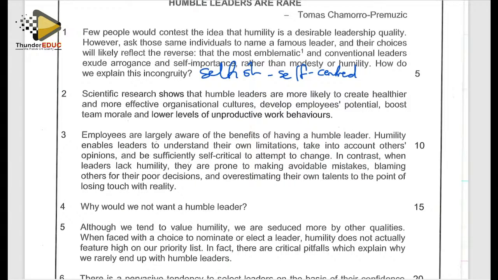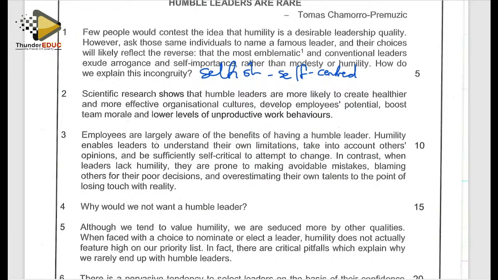Our question required us to discuss the contrasting views which are presented in paragraph 3. So our contrasting views are coming on line 10 to line 14, whereby it's talking about understanding humility in leaders. So leaders who have humility understand their own limitations.